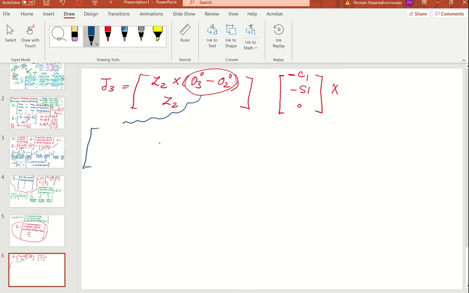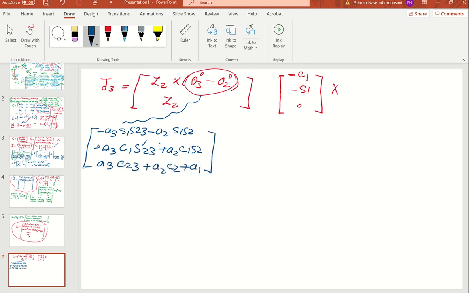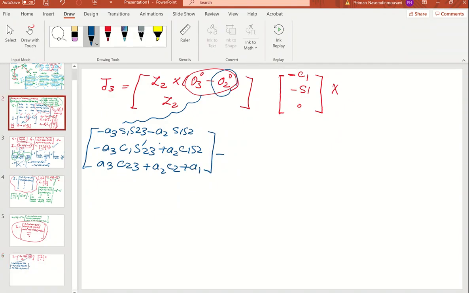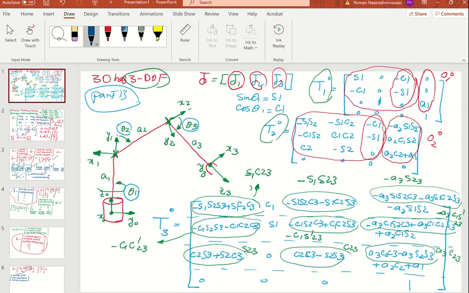I'm just doing here O3 with respect to 0, as we calculated, is this: S1 S23 minus A2 S1 S2, minus A3 cosine 1 S prime 23 plus A2 cosine 1 S2, A3 cosine 23 plus A2 cosine 2 plus A1, minus O2 with respect to 0. We calculated how? By transformation matrix. Here we go, T2 with respect to 0.